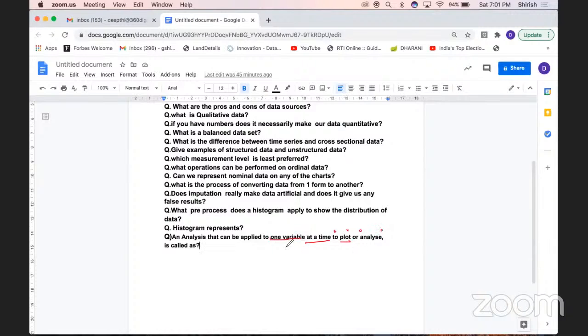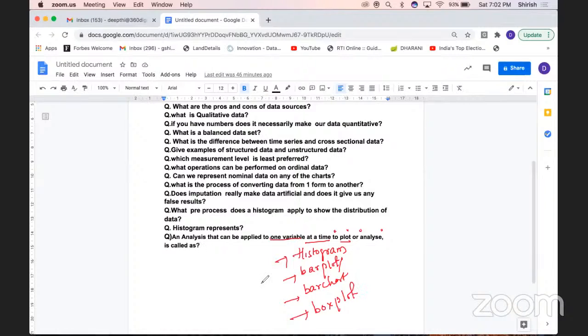When I say one variable, we have various plots. When you take a histogram, a bar plot or bar chart, both mean the same, a box plot, all these are what we have discussed already.